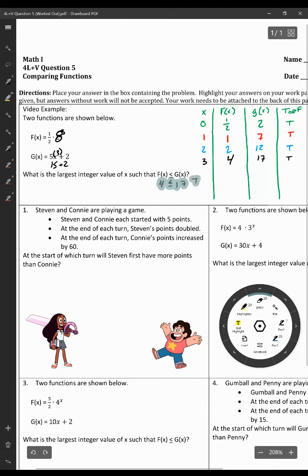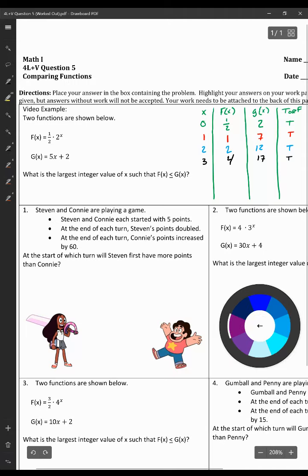So what is the next integer that is larger than 3? 4. That is right. So I'm just going to change the color so we can clearly see each row. So this is 4, and I'm going to plug in a 4 here. 2 to the 4 is actually going to give us 16, because 2 times 2 times 2 times 2. So this will be 16, and half of 16 is 8.